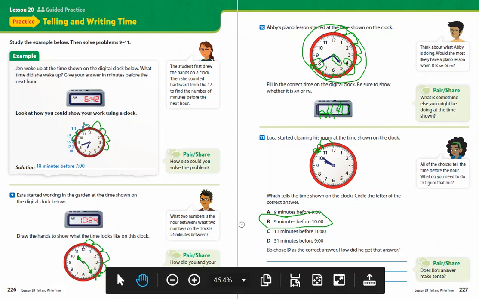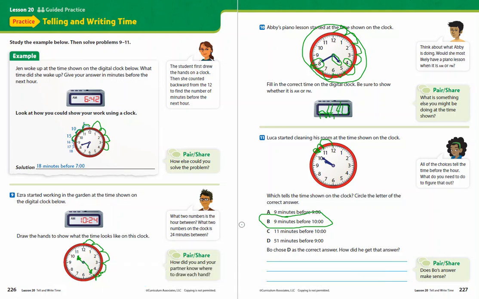Bo chose D as the correct answer. How did he get that answer? Okay, so what Bo did was he counted the number of minutes after 9, but wrote before 9. So he went this way: 5, 10, 15, 20, 25, 30, 35, 40, 45, 50, and then there's 51.